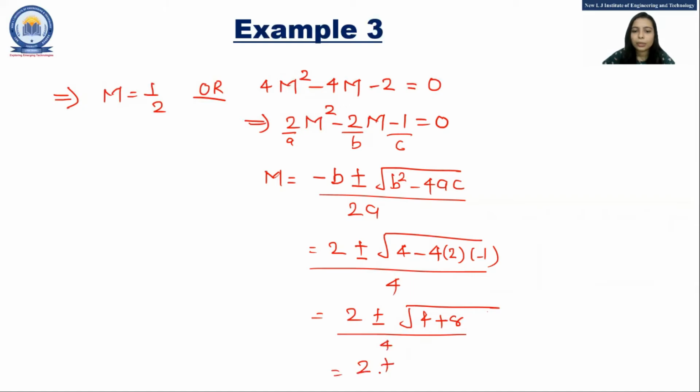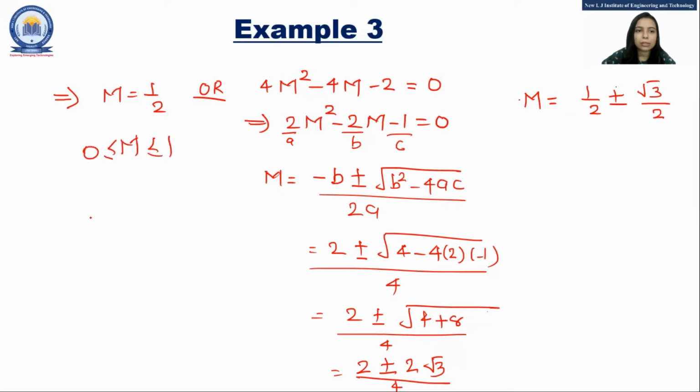So that is 2 plus or minus 2 under root of 3 divided by 4. So m would become 1 by 2 plus or minus root 3 by 2. So here the value of m equal to 1 by 2 lies between 0 and 1. The value of median is 1 by 2.